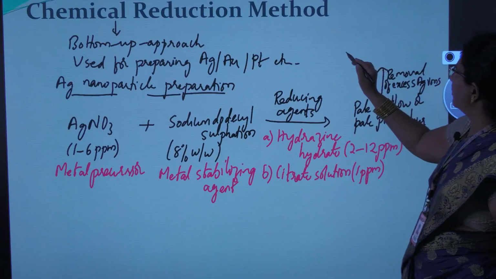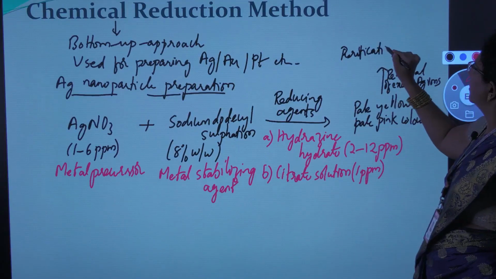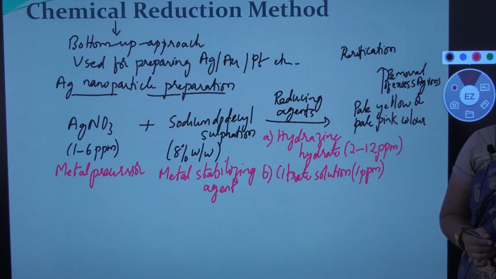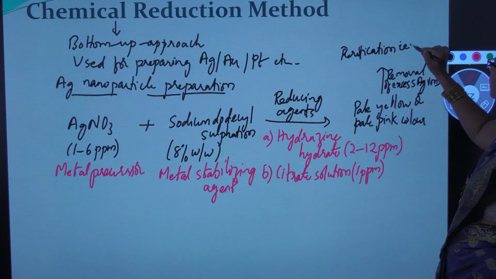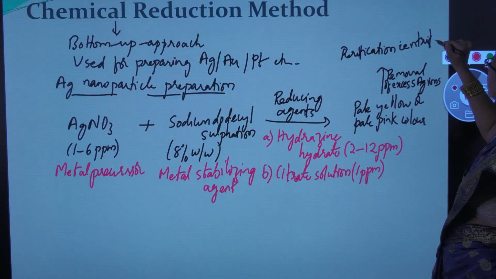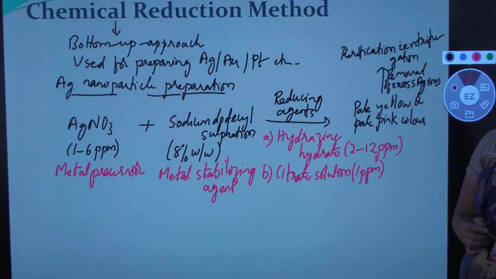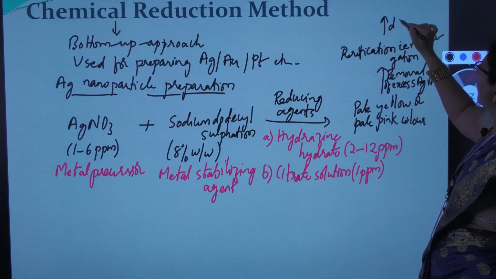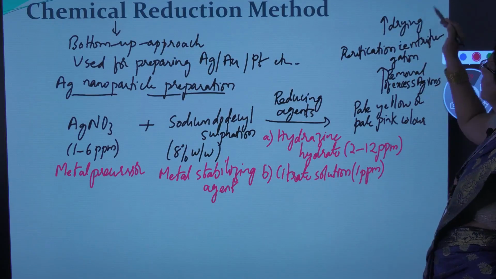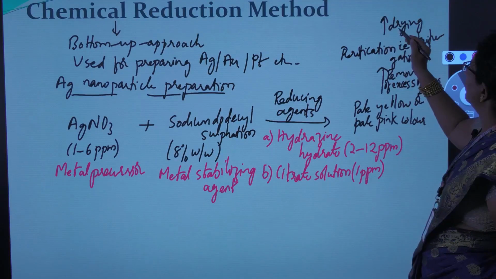Next, purification of the silver nanoparticles. Purification can be done through centrifugation. Next, the drying process. Here, the nanomaterial can be dried through freeze drying.